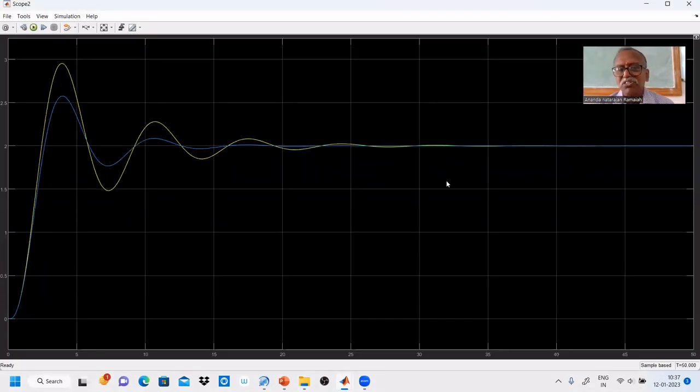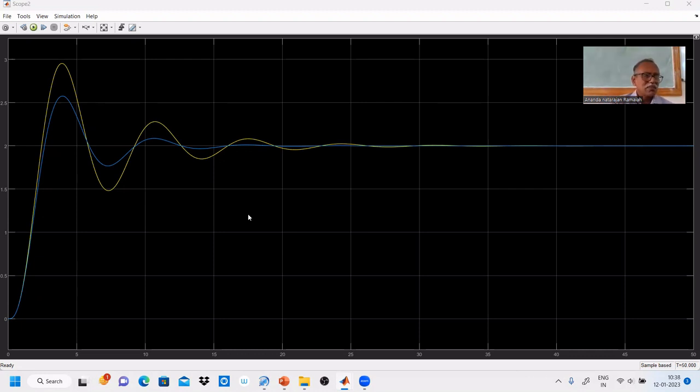Settling time is further reduced. Even within 20 seconds, it is settled. For the continuous cycling method, you see where it is settled. Between 15 and 20, it is settled. So derivative mode reduces oscillation. But in practice, it may not happen because of noise. The derivative mode will amplify the noise.